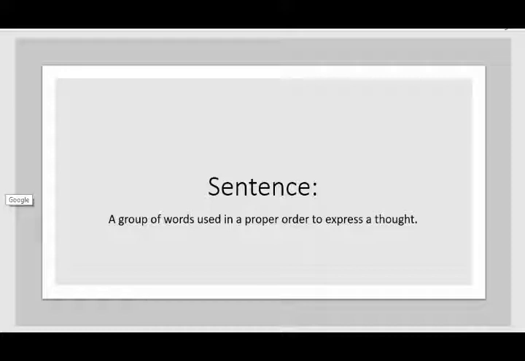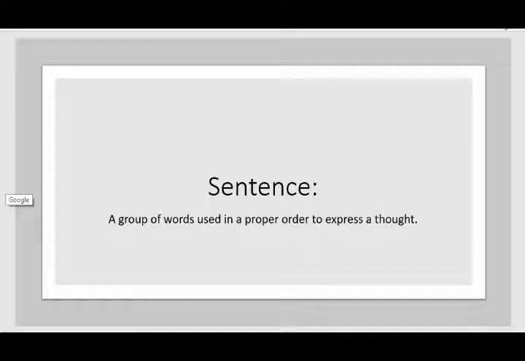In order to understand English grammar, we need to understand what parts of speech are. And even before that, we need to understand how we express ourselves using a language.